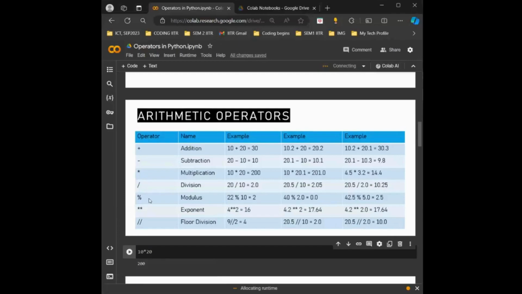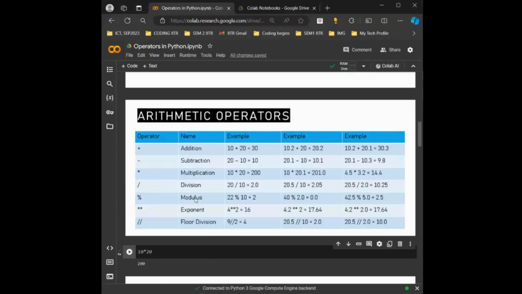Coming to the fifth operator, which is represented by a percent sign, that is modulus. This operator returns the remainder. So there is a difference between the division and the modulus operator. First difference, the division symbol returns the quotient, and that too as a decimal number or a float number.